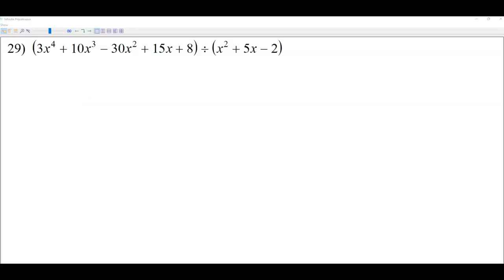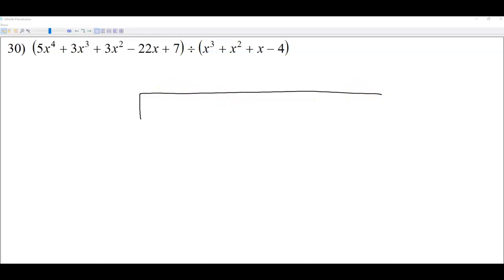All right, now we're going to get into some polynomial long division. So let's go ahead and take a look at number 30 here. When you're doing polynomial long division, the first polynomial goes under the bracket. You want to make sure that every term is present. In other words, we're starting with a fourth power.